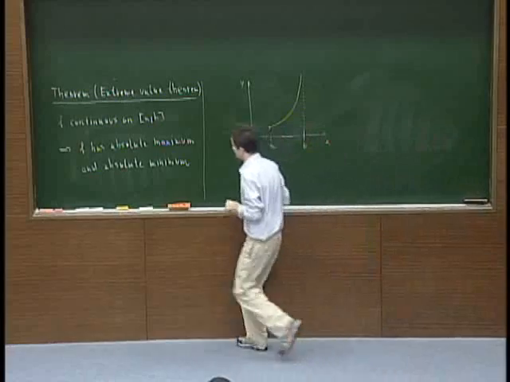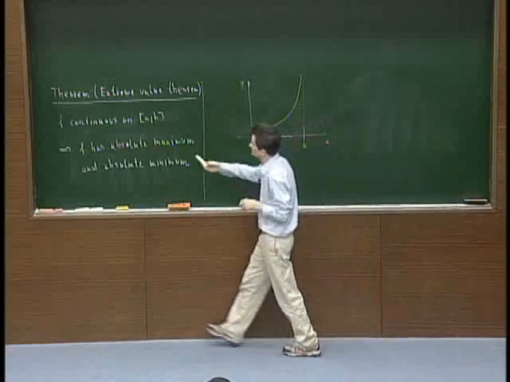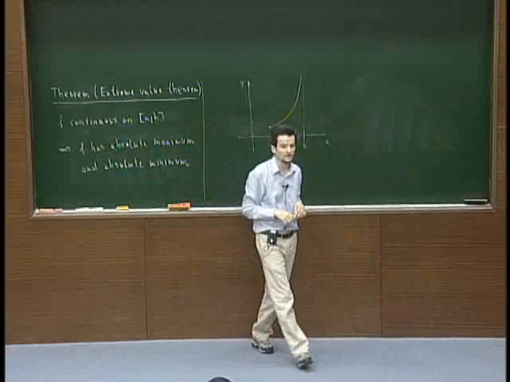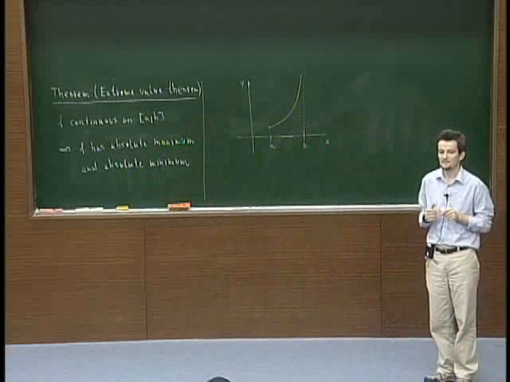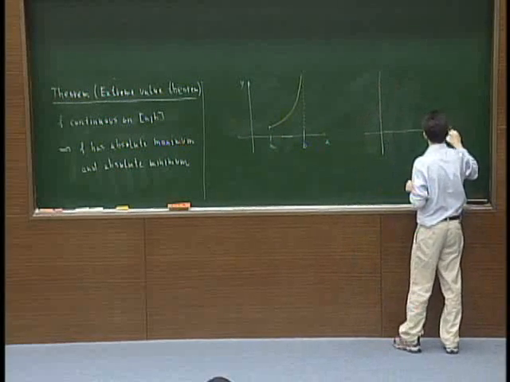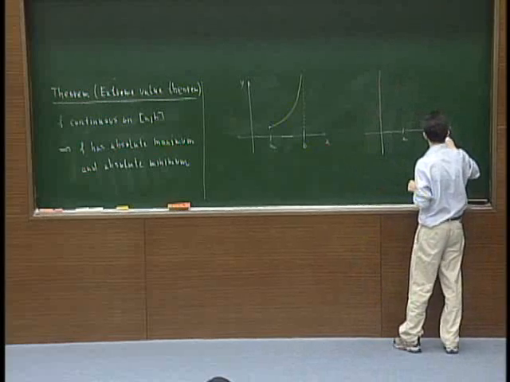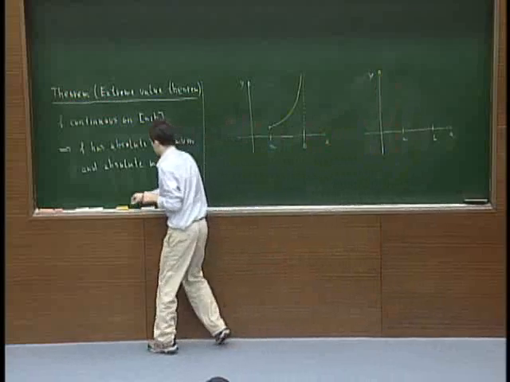Another situation would be that the function is not continuous, which is even easier, because the function, for instance, might jump, and then it might be possible that you do not have the absolute minimum. So also here it's easy to find a counterexample.